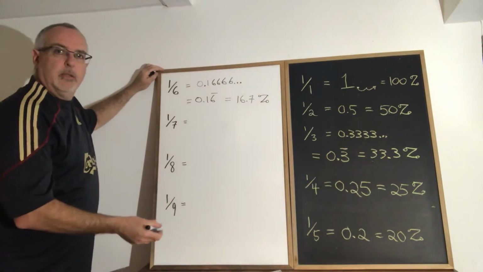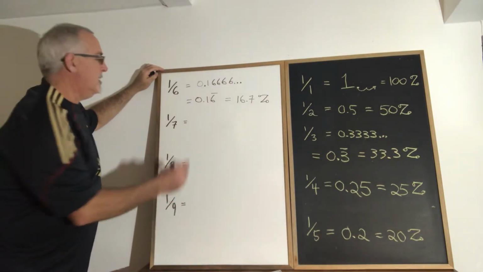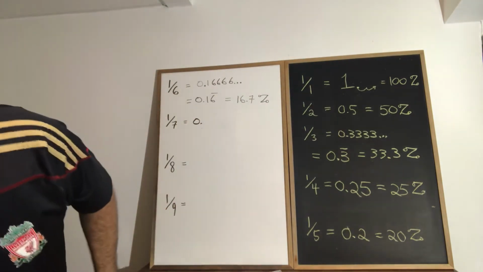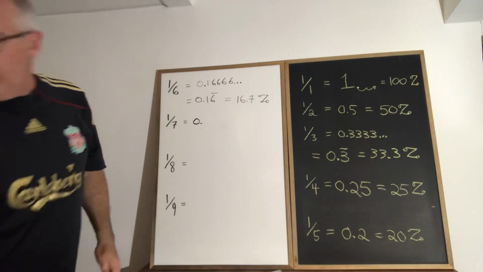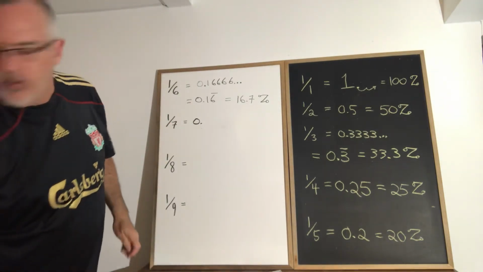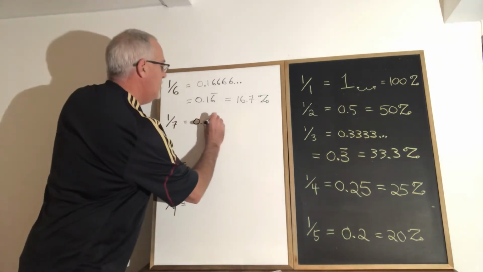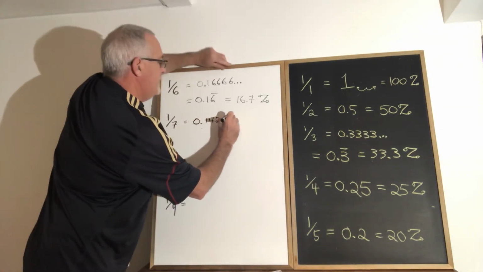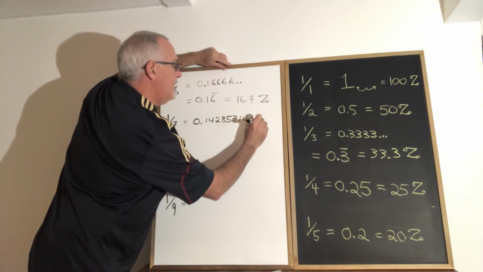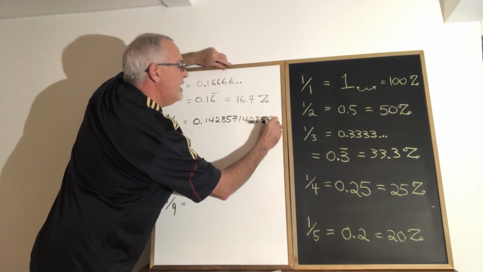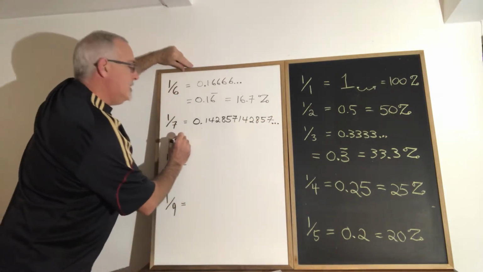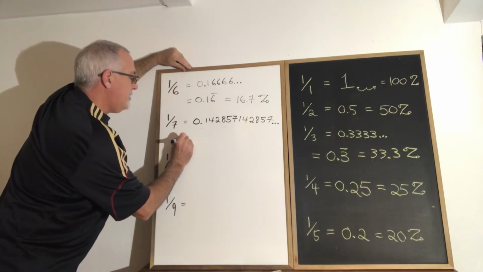1/7 at first looks like it's not giving a repeating decimal. When we divide 1 by 7, we get 0.142857, and then 14287, and it keeps going. So this is a rather strange repeating decimal, but it's just like the others.